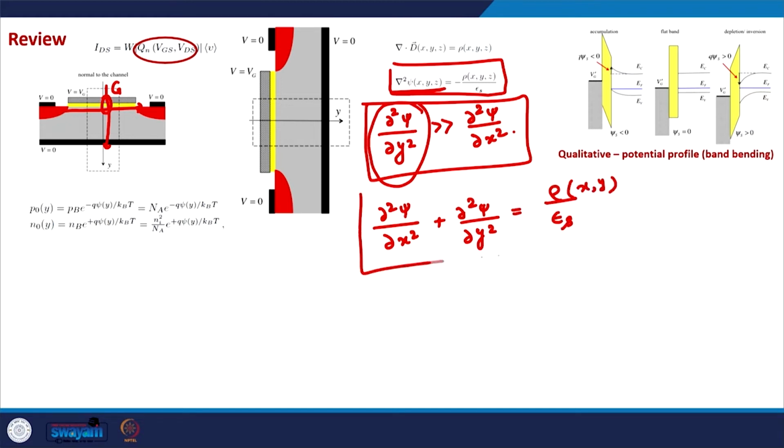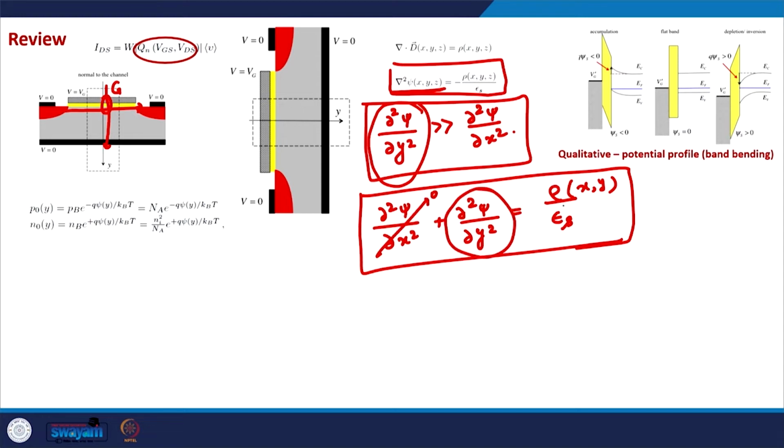But in most conventional MOSFETs, the x term is almost 0, or extremely small compared to the y term. So we can just solve this Poisson equation, which is the conventional electrostatics in MOSFETs.